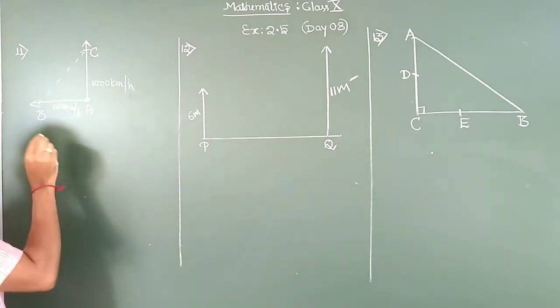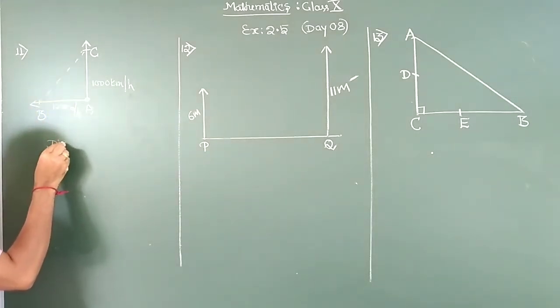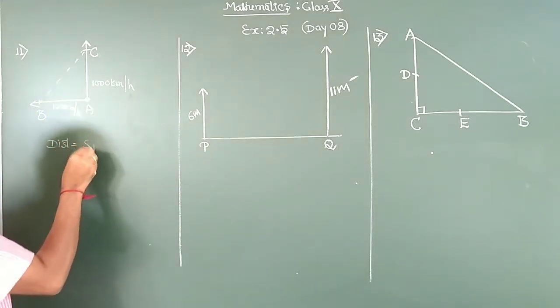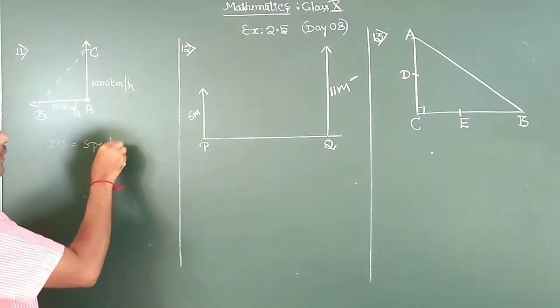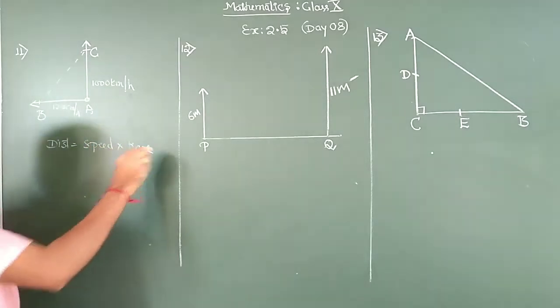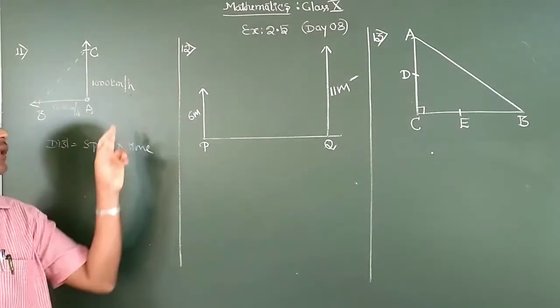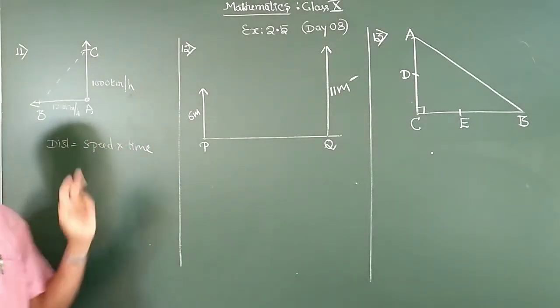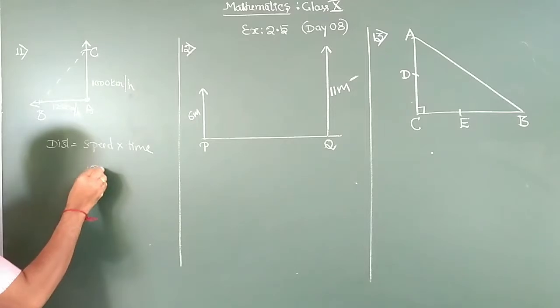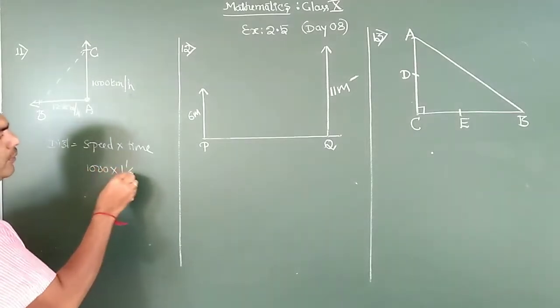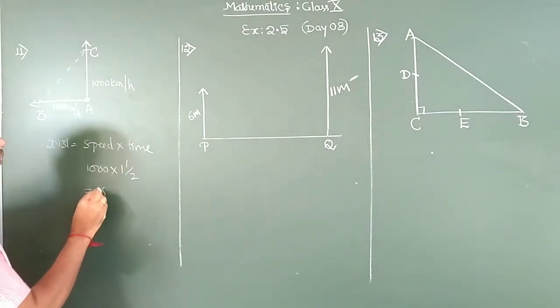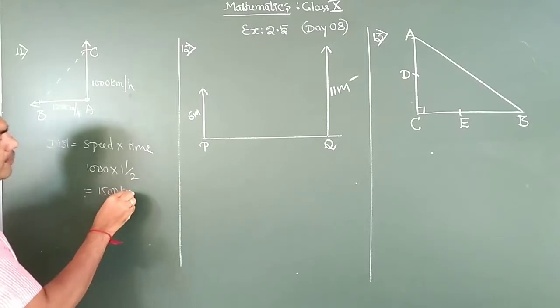Directly you can say. Or if you want, you can write distance equal to speed into time. Speed here is 1000 km per hour, time is 1.5 hours. You get it as 1000 into 1.5, which is equal to 1500 km.